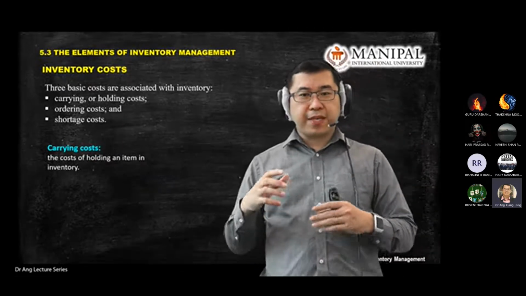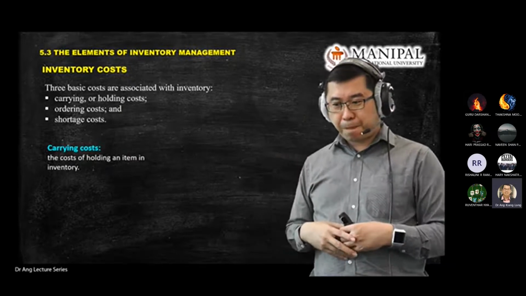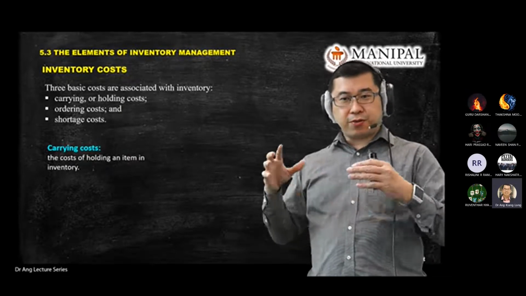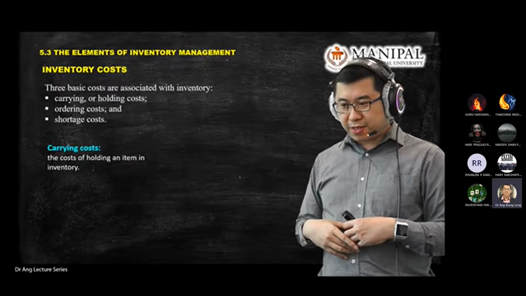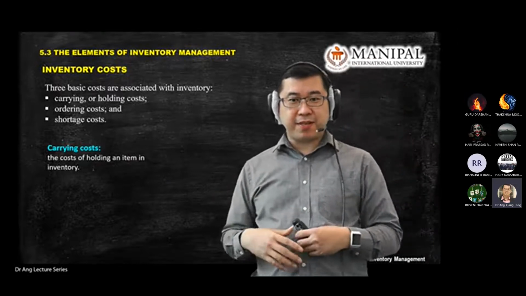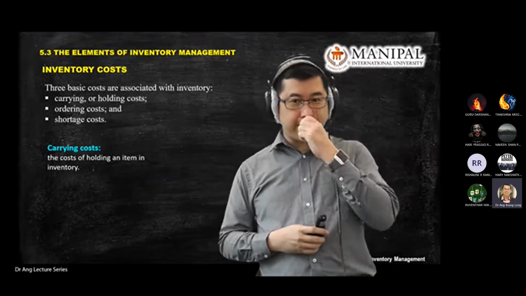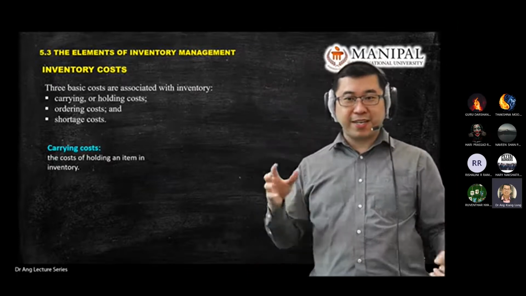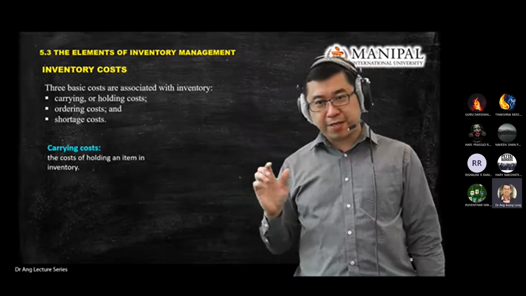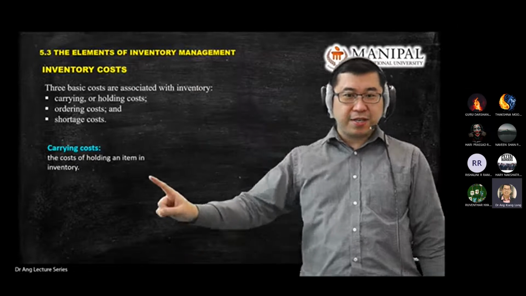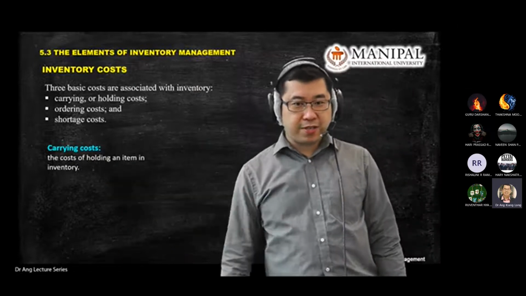Let's say you open up a burger store. I put in very simplified cases. Let's say you're having a burger store, burger business. What do I mean by holding costs?